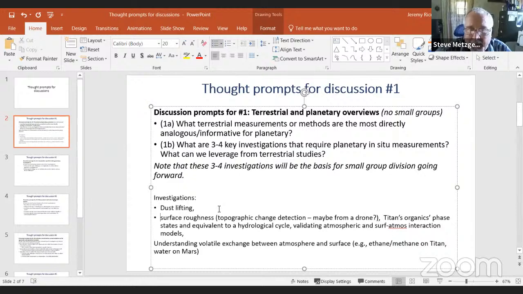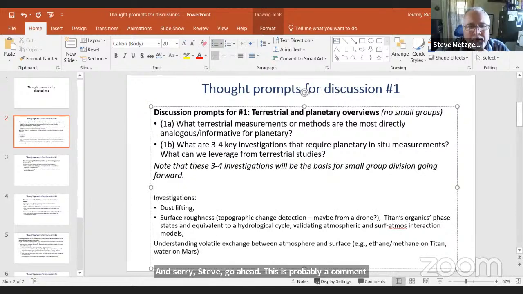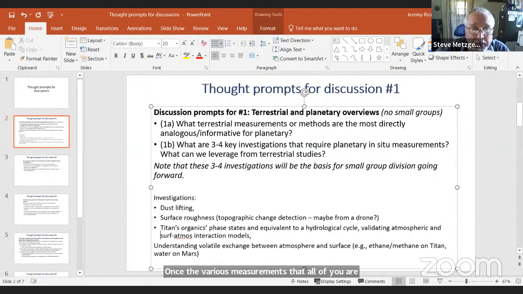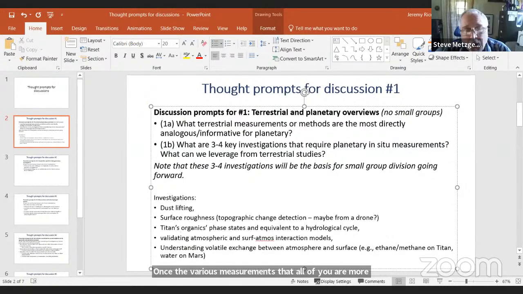This is probably a comment best made at the end of this whole workshop, once the various measurements that all of you who are more tuned into the Mars conditions than I am are coming up with, once the wish list is developed. But various teams are going to so many awesome places around Earth to look for analogs, and field work is really expensive.